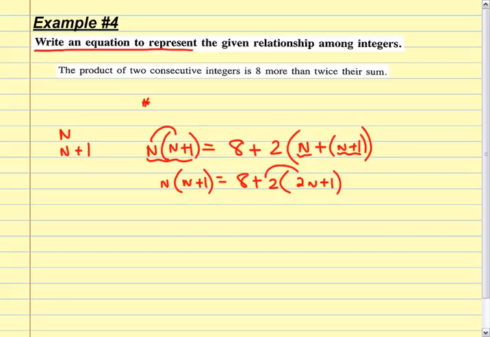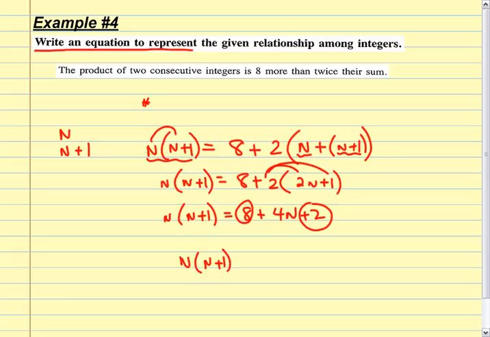That's going to give me, let's see, n times n plus 1 is equal to 8 plus 4n plus 2. And then I can combine this and that. I've got 3 terms and I combine the 8 and the 2. So I'm going to get n times n plus 1 is equal to 4n plus 10 when I combine those two things. That's really about as simple as you can go.